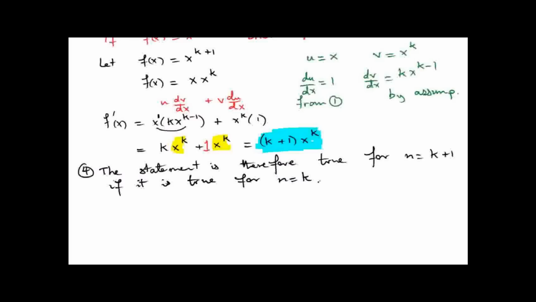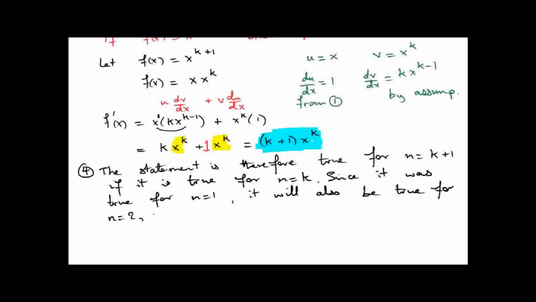And then we say, well, go back to step 1. It was true for n equals 1, wasn't it? So we say, since it was true for n equals 1, it will also be true for n equals 2, 3, 4, etc., and so on, for all n an element of N. Okay, you see the thing is, in step 3 we proved that if it's true for k, it's true for k plus 1.